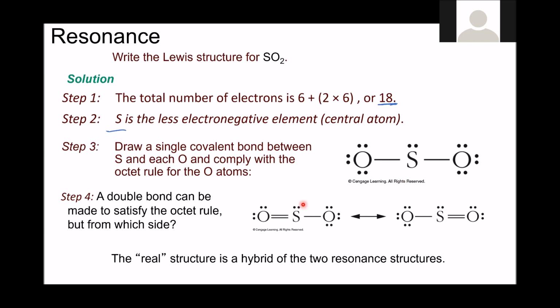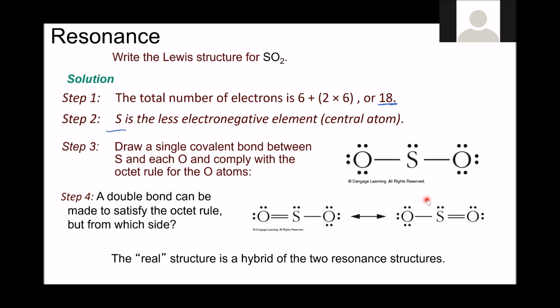If it was the first case, we should have seen again that the distance between sulfur and this oxygen should be shorter than this sulfur and this oxygen, while it's the opposite in the second case, right? But in any case, the molecule will have two different bond lengths, but that's not real.